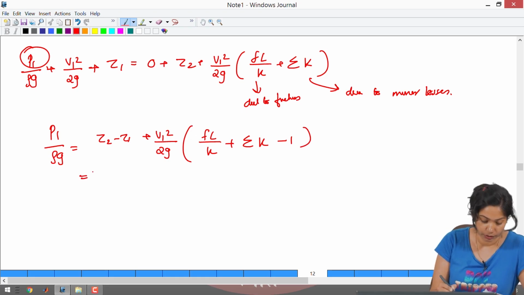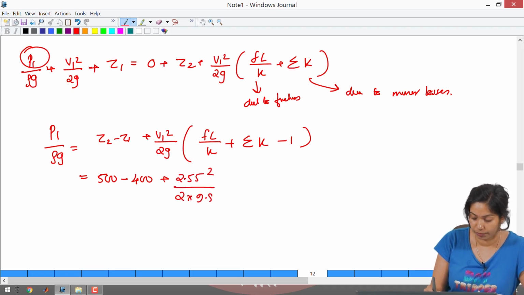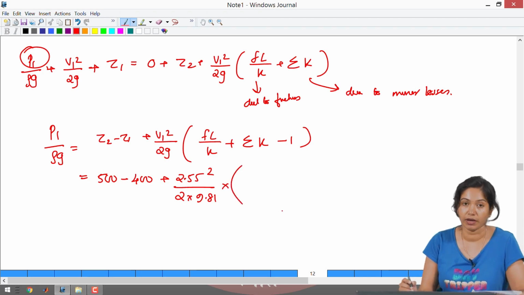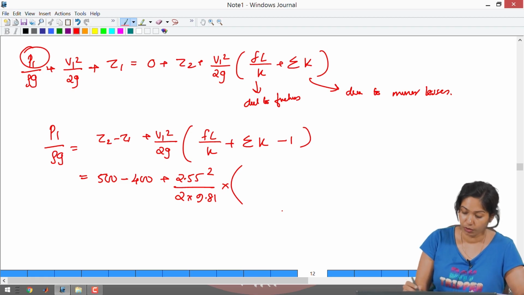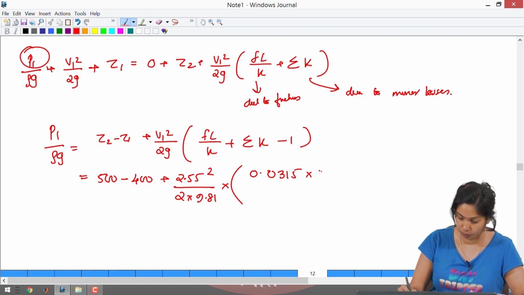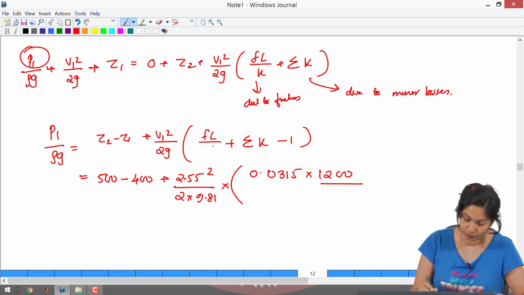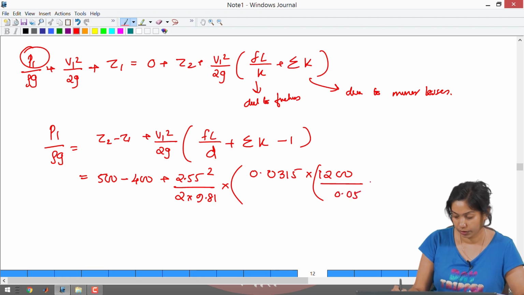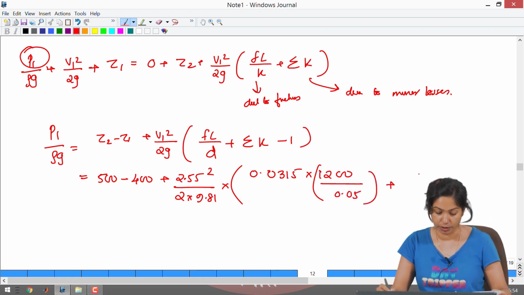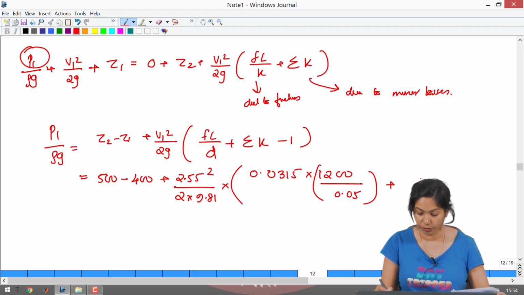When we substitute all the values, we get 500 minus 400 plus, velocity we got as 2.55, squared, divided by 2 into 9.81, into, and from the Moody's chart we have calculated the friction factor, which is equal to 0.0315, into length 1200 divided by, sorry, this is D, diameter equal to 0.05, plus the summation of all the loss coefficients.